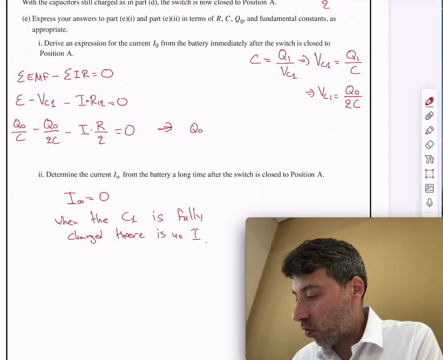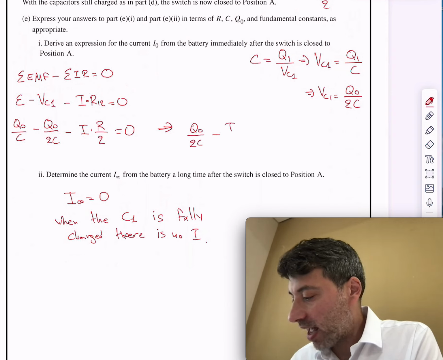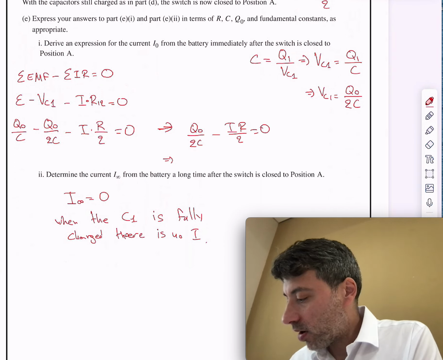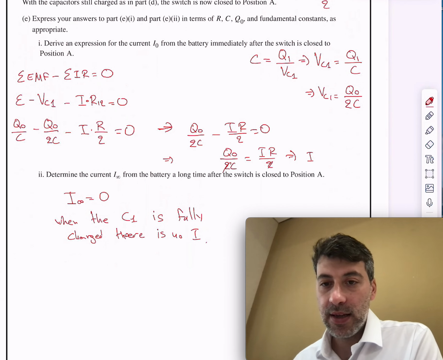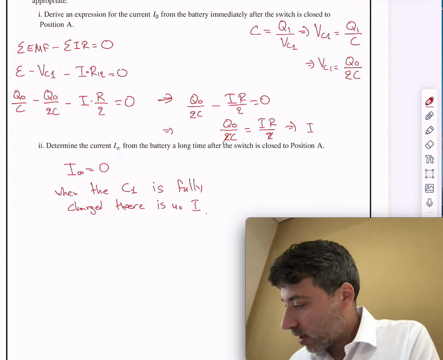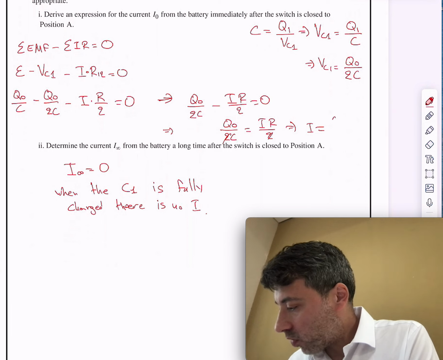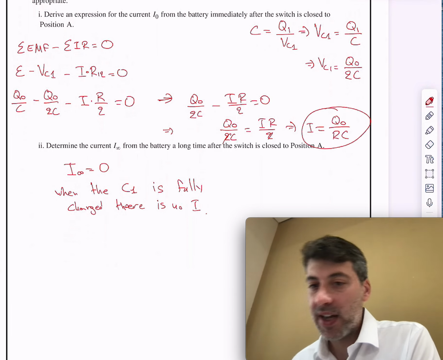It is Q0 over 2C minus I R over 2 is equal to 0. So Q0 over 2C equals I R over 2. The 2 and the 2 are eliminated, so the current is equal to Q0 over RC, which is our final answer.